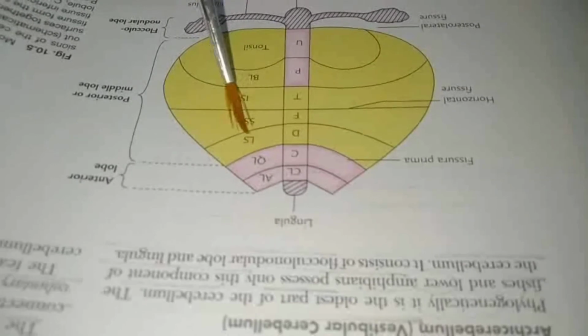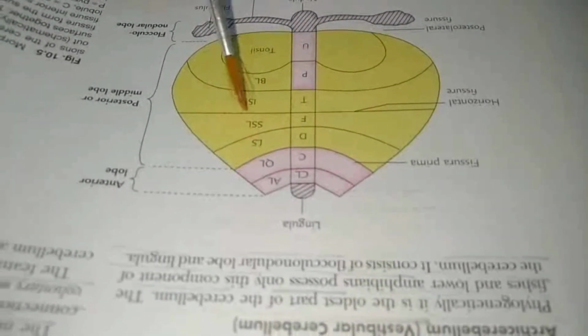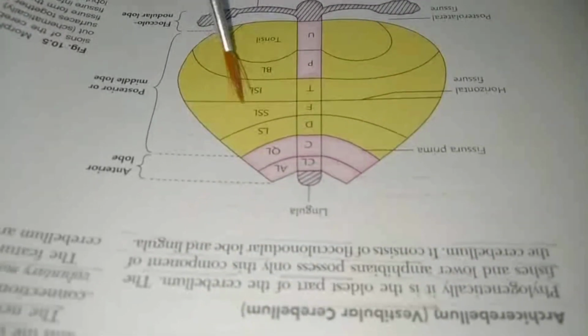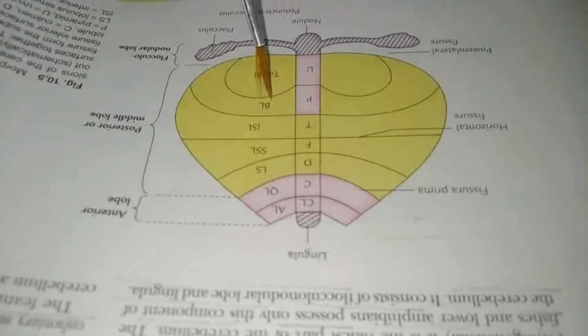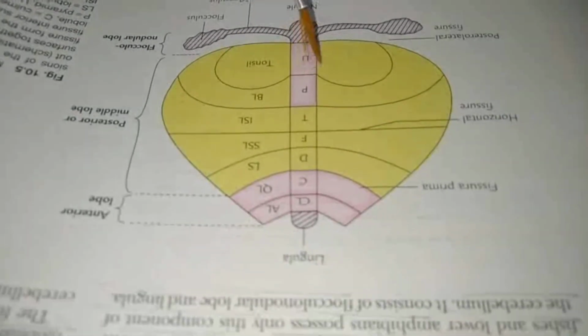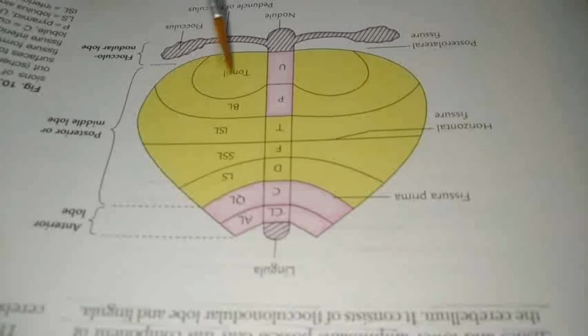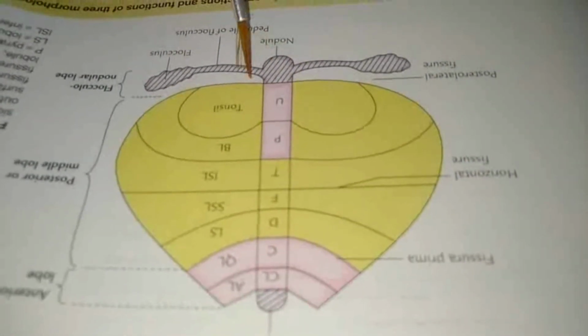Declive's lateral projection is known as the lobulus simplex. Folium's lateral projection is known as the superior semilunar lobule. Tuber's lateral projection is known as the inferior semilunar lobule. Pyramid's lateral projection is known as the biventral lobule. And the uvula, its lateral projection is known as the tonsil. Below which you can see this vermal portion is known as the nodule.